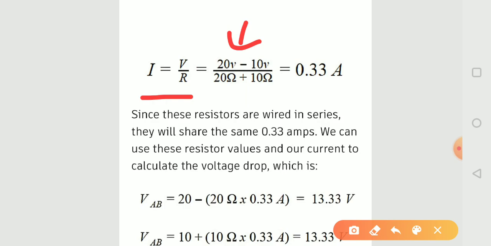So 20 minus 10 upon the two resistances in series, 20 plus 10, which means 30 ohm. If we calculate this, we find the current flowing through the branch is 0.33 ampere.